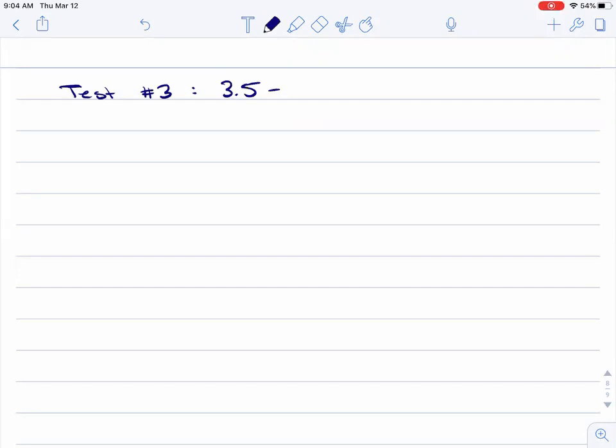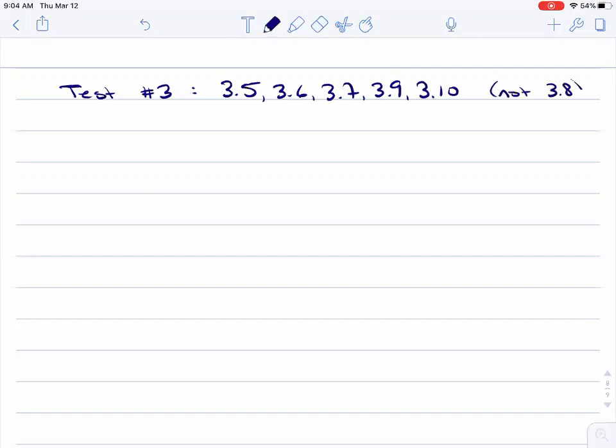I'm just trying to remember what 3.6 was. Oh, was that logarithmic differentiation? So 3.5, 3.6, 3.7, 3.9, and 3.10, right?